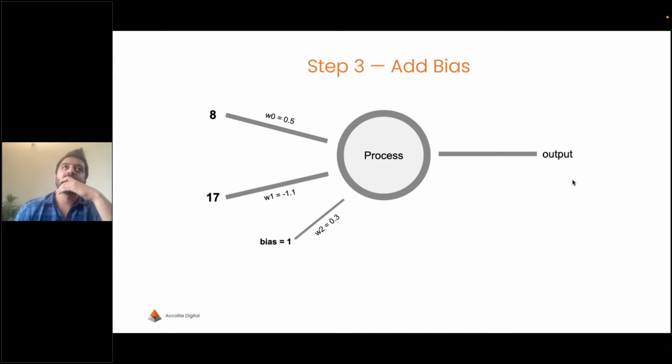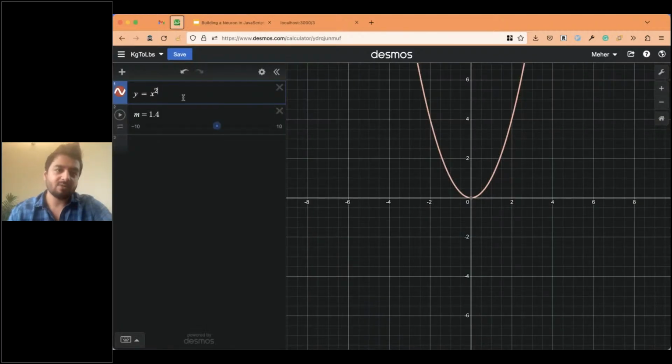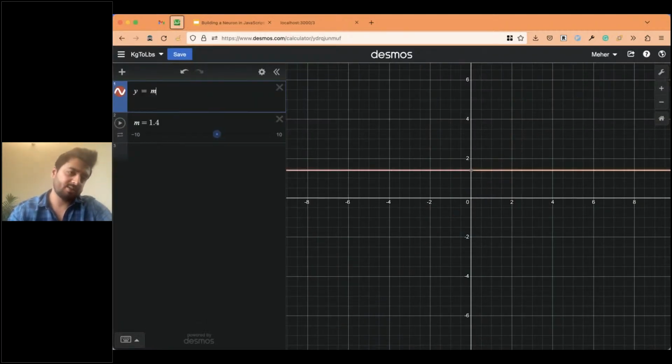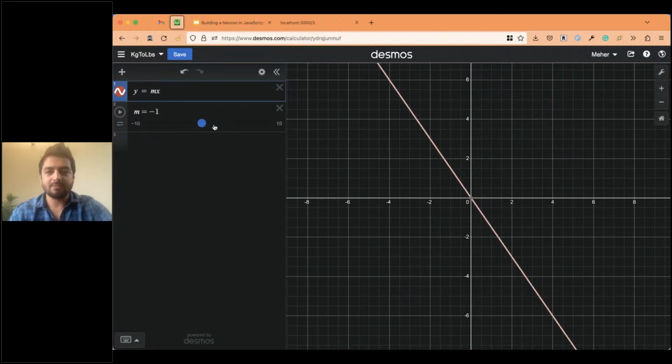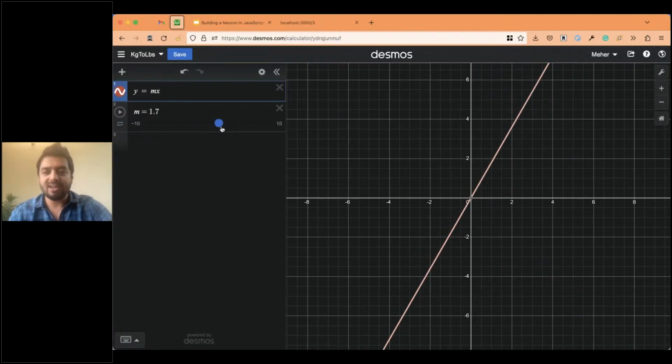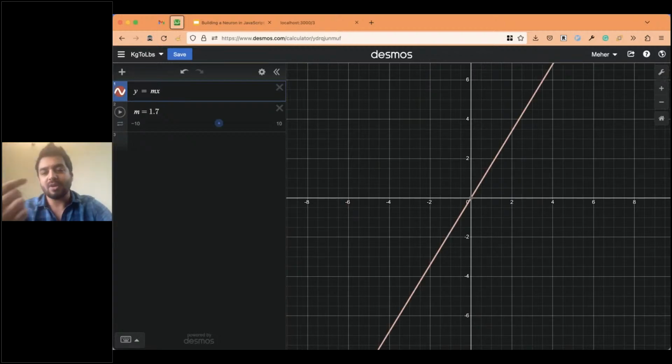Now, bias. Let me not go verbally on bias. When we had y is equal to mx, for whatever value of m, I can never have the line look like this, because for every x equal to 0, y will be 0.